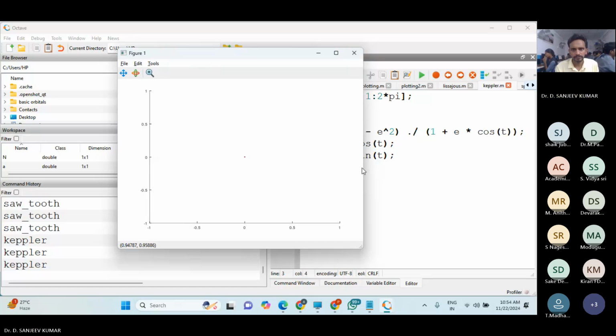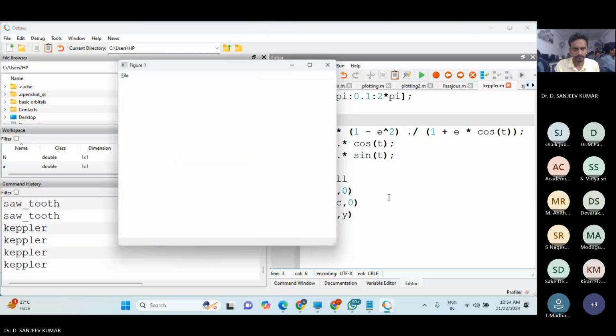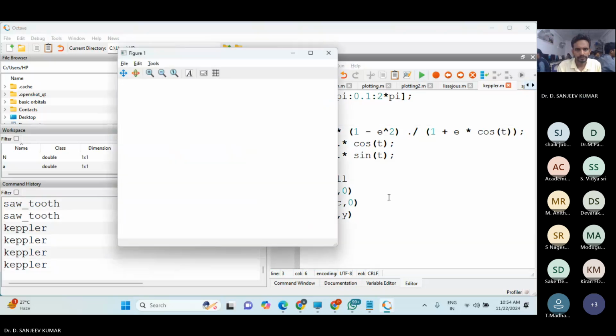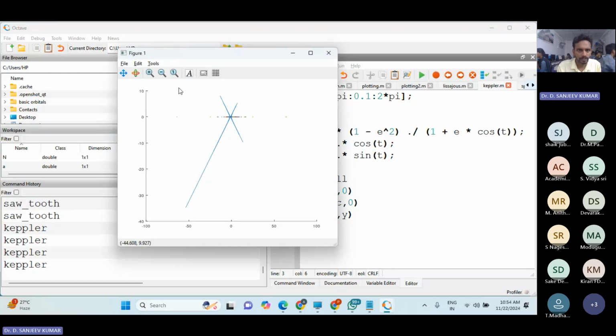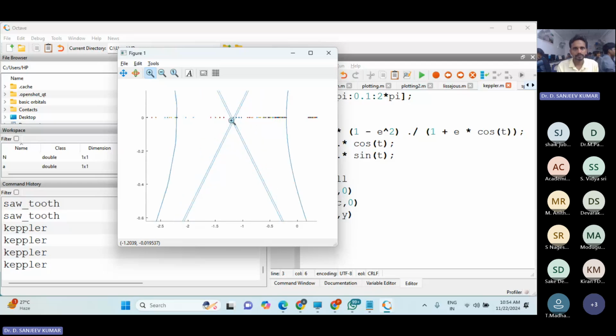That's it. This is a hyperbola. I can just zoom it and see. So to zoom the plot, I'm selecting the zoom tool. So it is better to fix y limits.